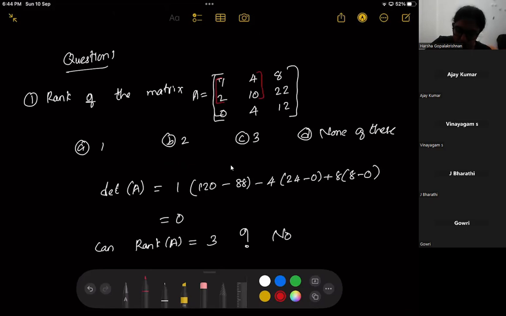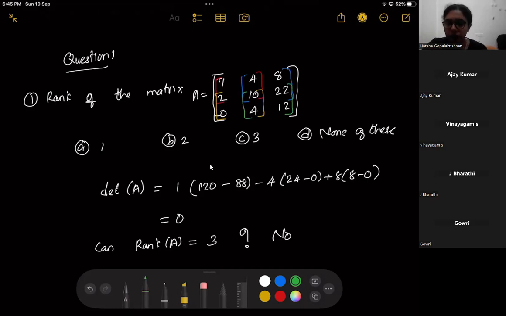Or you can take 4, 10, 8, 22. Otherwise, you can take 2, 10, 0, 4, or 10, 4, 22, 12.